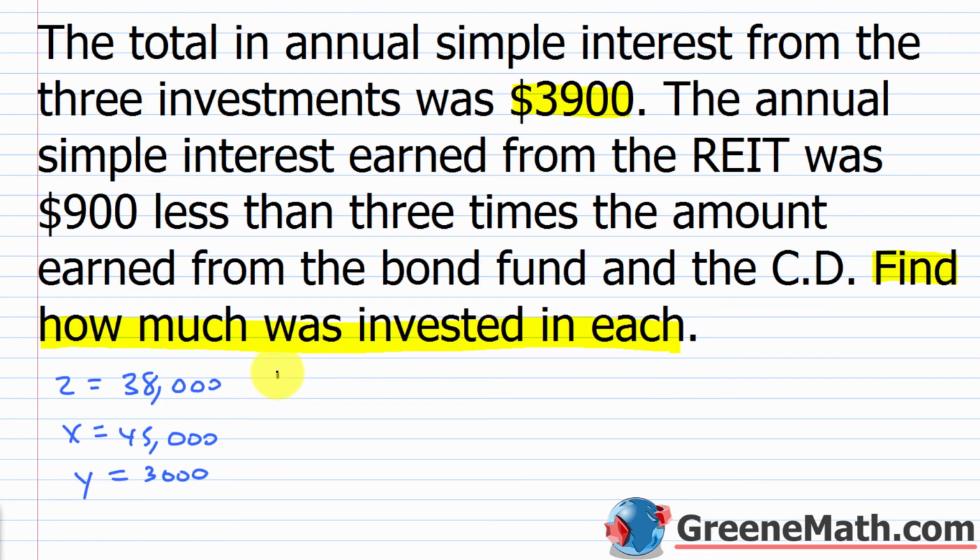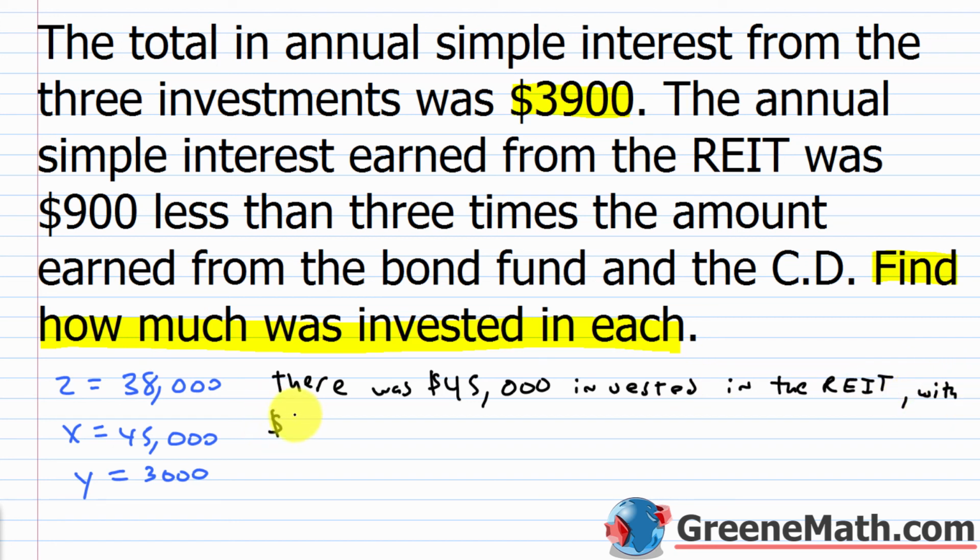We're going to say there was $45,000 invested in the REIT with $3,000 invested in the CD and $38,000 invested in the bond fund.